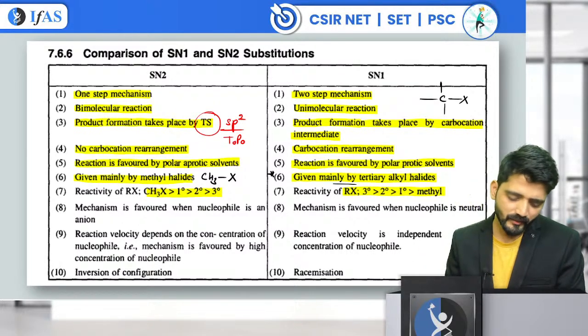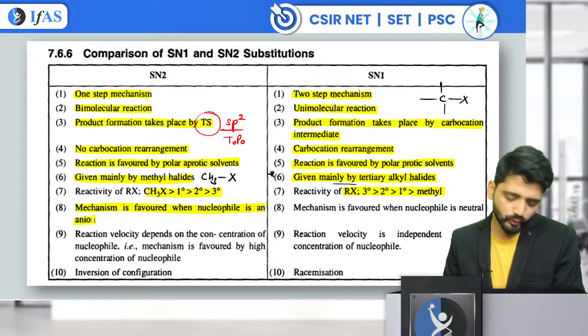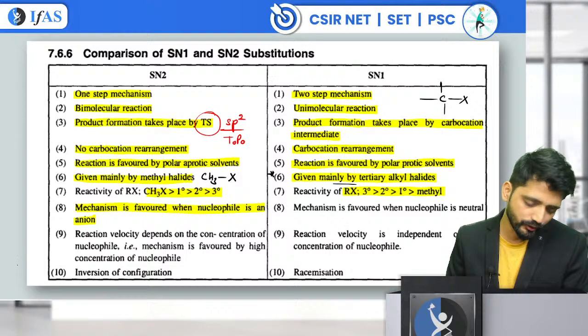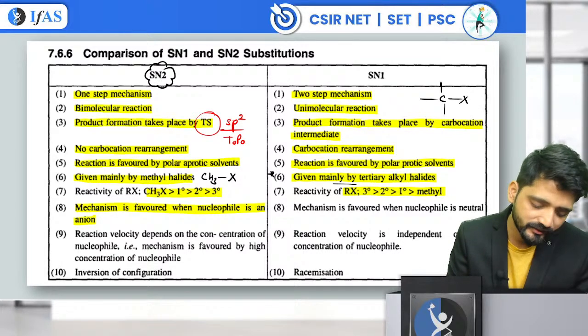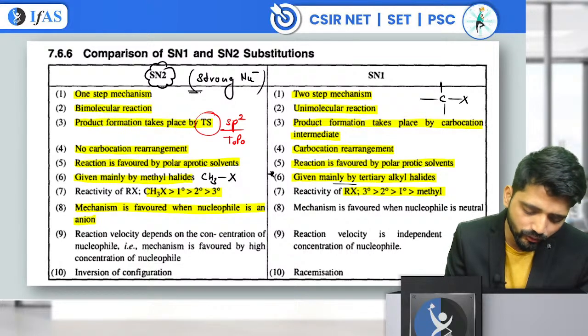Okay. The SN2 mechanism is favored when the nucleophile is an anion. Generally in an SN2 reaction we prefer strong nucleophiles. Why do we prefer strong nucleophiles?